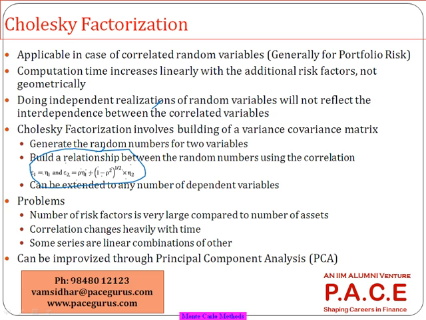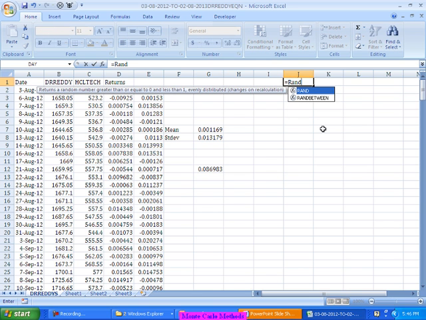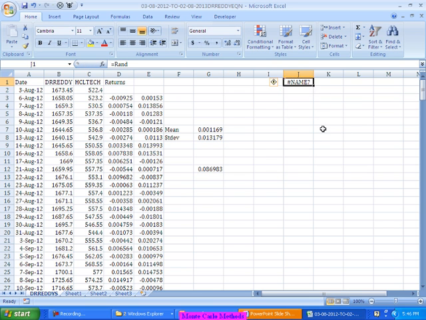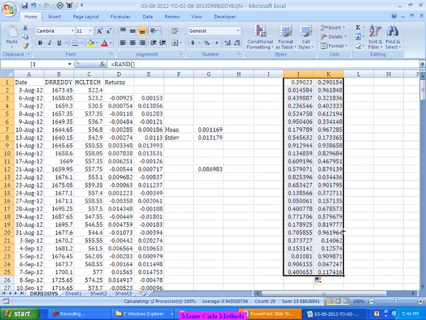What it simply says is, you generate some random numbers for the first one and for the second one. I'll take only a few because the system is already loaded. Let's say I generate some 25 random numbers here, and another 25 like this.